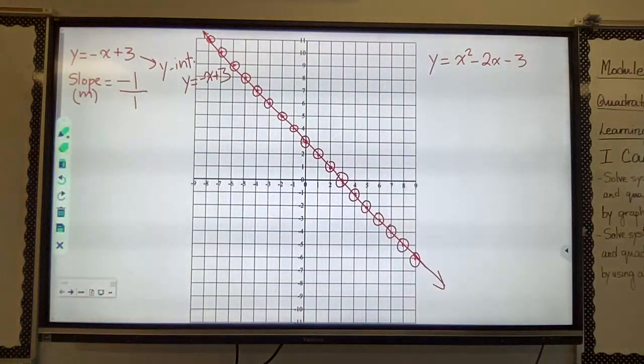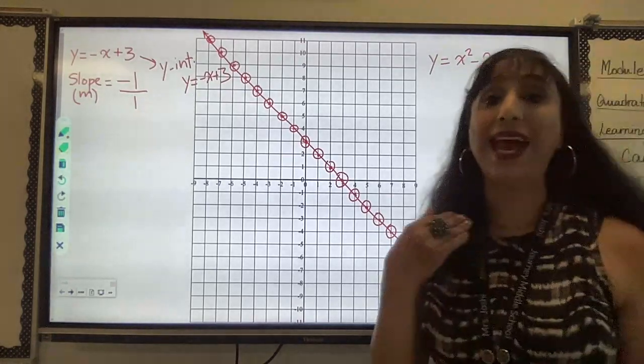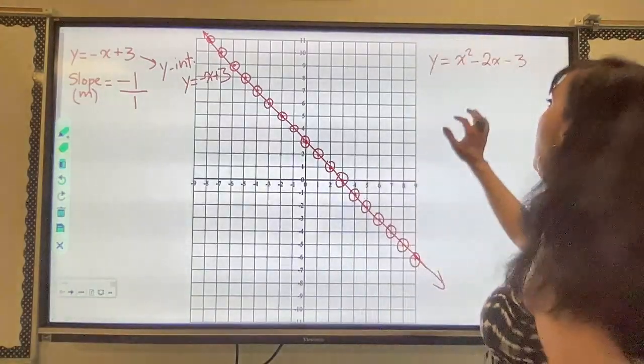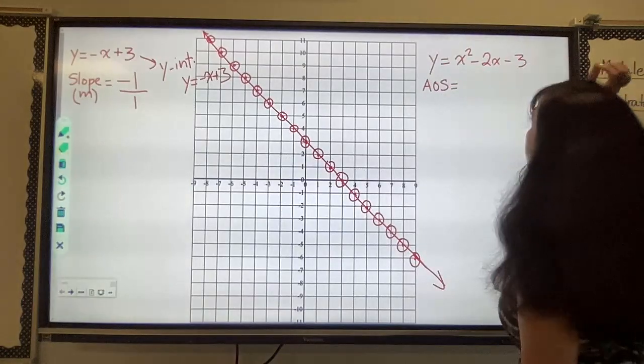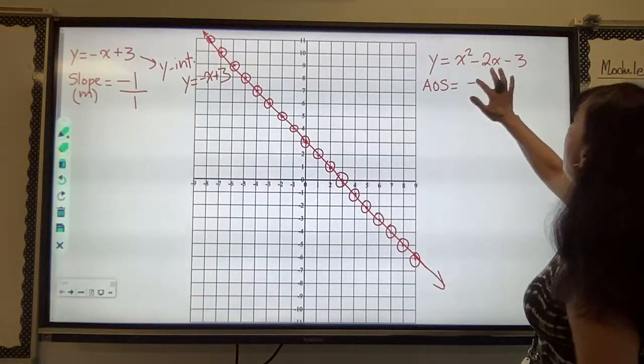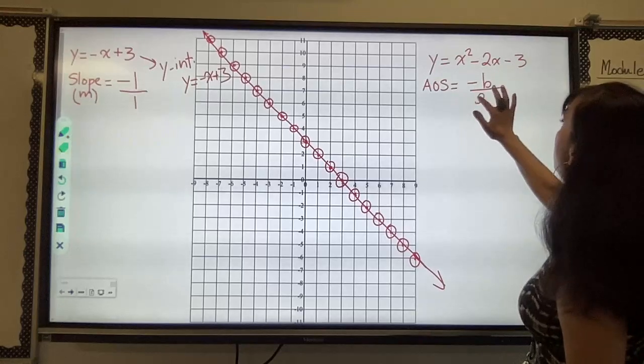Now let's look at my quadratic equation over here, and I am going to go ahead first find the axis of symmetry. And so axis of symmetry is equal to opposite of b over 2a.